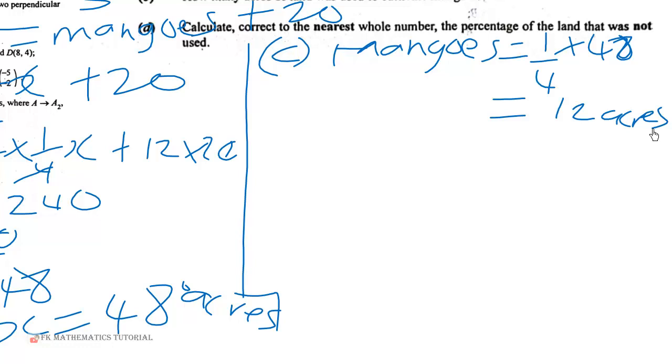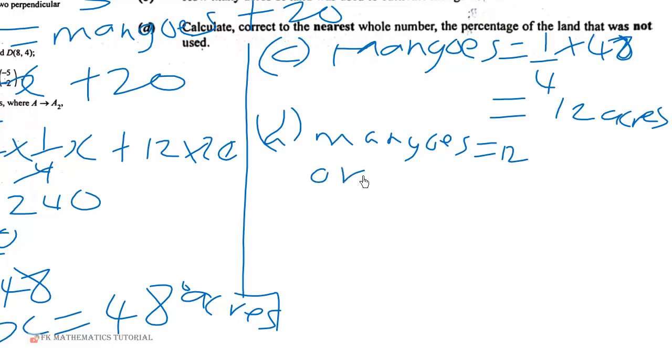It said calculate, correct to the nearest whole number, the percentage of the land that was not used. So far we've seen that mangoes was 12 acres. Then that of orange will be 2/3 of 48. So 3 will go into 48 sixteen times.